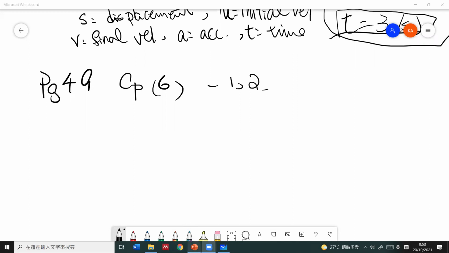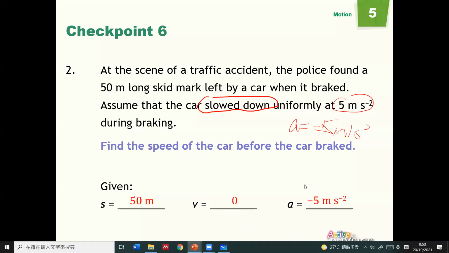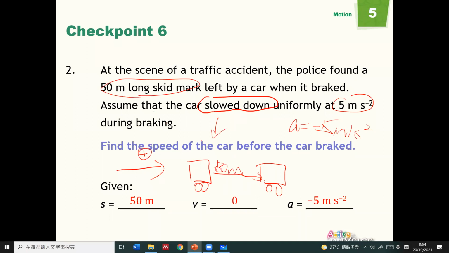While she's sending the answer, I explain to you why the acceleration is negative in this case, because the car is slowing down, right? If we assume that the car is moving to the right-hand side and is slowing down, the displacement still points to the right-hand side. Since it's slowing down, the acceleration points leftward, so the value will be negative.